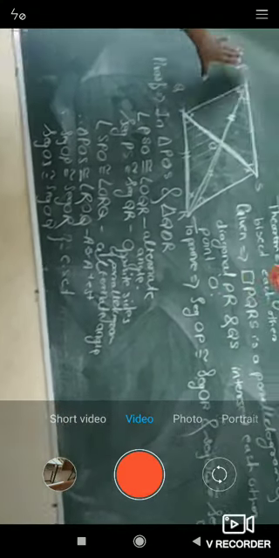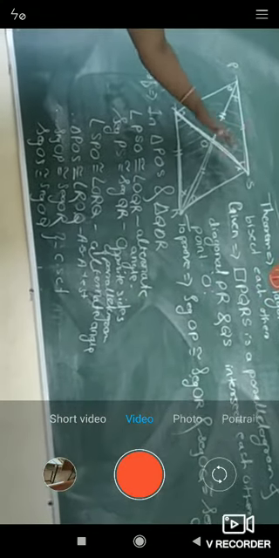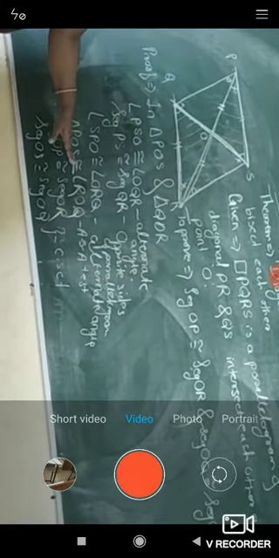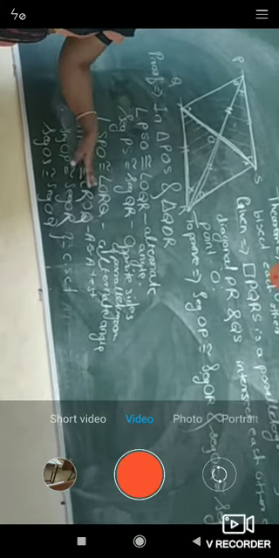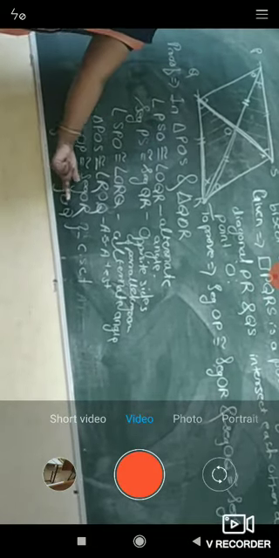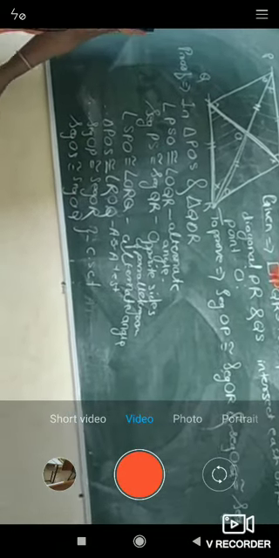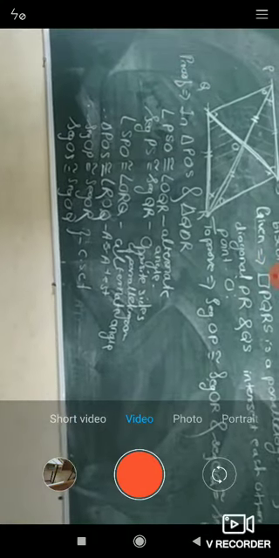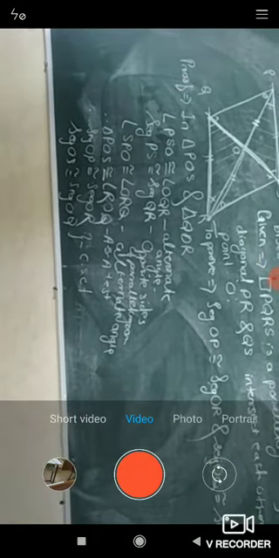Then show the triangles are congruent by the ASA test; once they are congruent, their corresponding sides are also congruent, and then we are getting our proof. Okay, note down this.